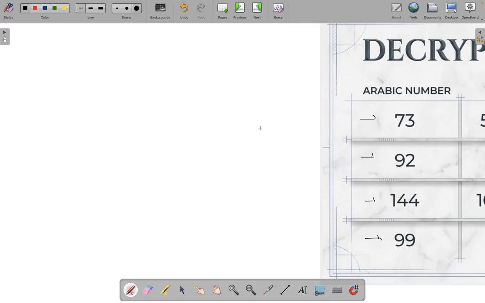So done. Okay. So you have written L, XX and triple I for 73, right? The closest number to 73 is 50, so you write 50 plus 23. And for 23 you write 20 plus 3, so 10 plus 10.